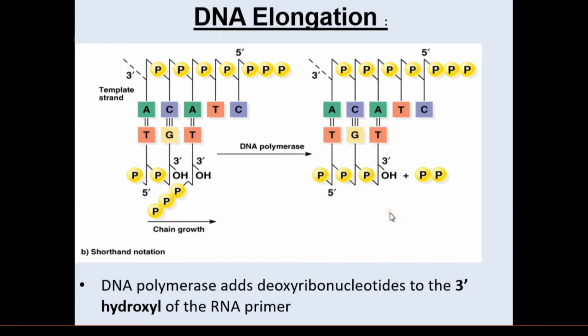The precursors come in the form of deoxyribonucleoside triphosphate, but when they are attached in the chain as deoxyribonucleoside monophosphate, the two phosphates are removed in the form of pyrophosphate.